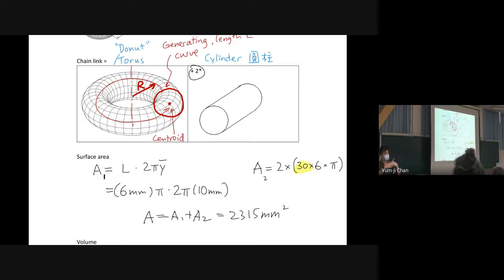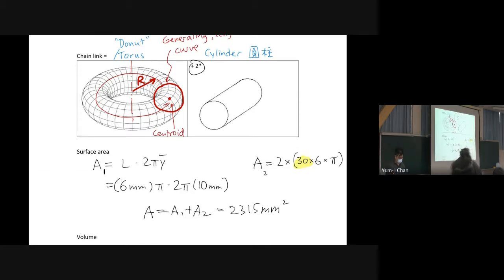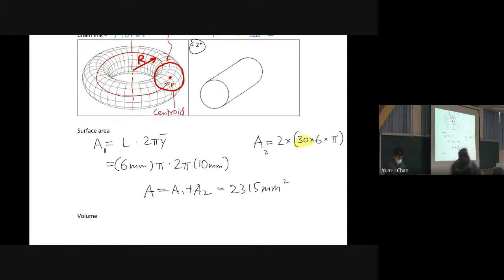After you have written this, you can think about how to work out the volume. The volume is also equal to A times 2 pi y bar here. So you can think about it after you have written down the parts for the surface area.